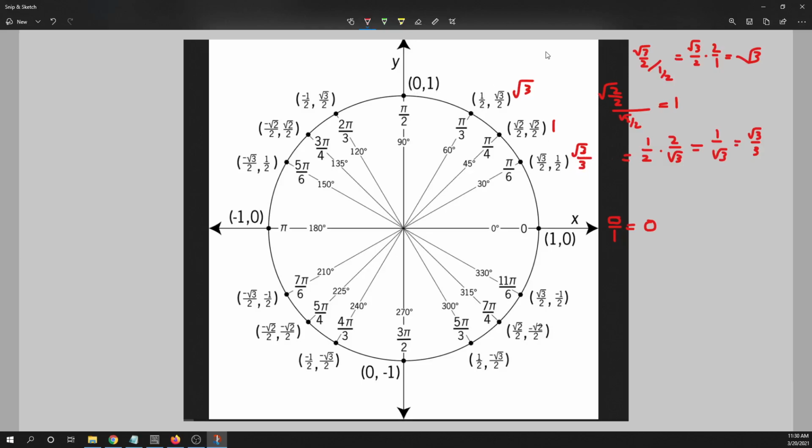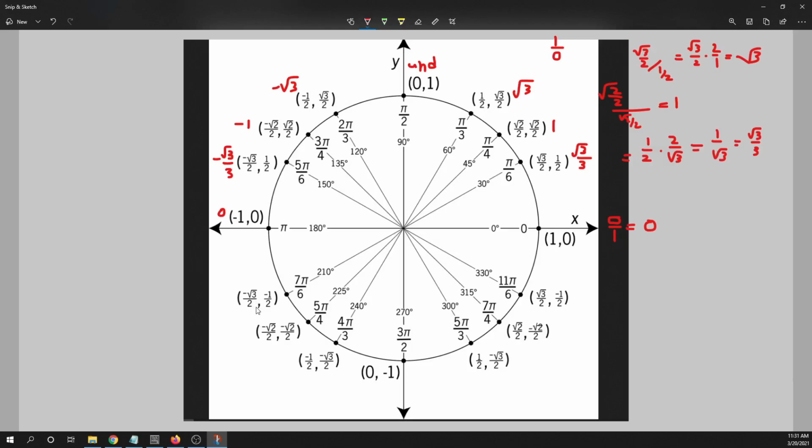Up here at pi over 2, it's going to be 1 over 0, which is undefined, right? Because you can't divide by 0. So that would be undefined. All right, and then for these values over here, square root 3 over 2 divided by negative 1/2, it's going to be the negative of what we got. So this is going to be negative root 3. This is going to be negative 1. This is going to be negative root 3 over 3. This is going to be the negative of 0, which is just 0.